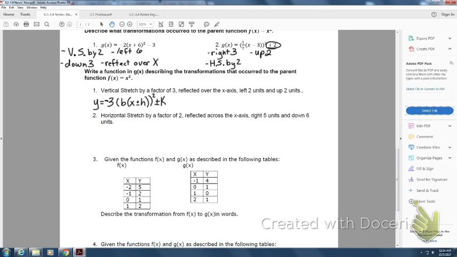After that it goes left 2. So Morgan, what does my H value need to be? +2. And then it says it goes up 2.